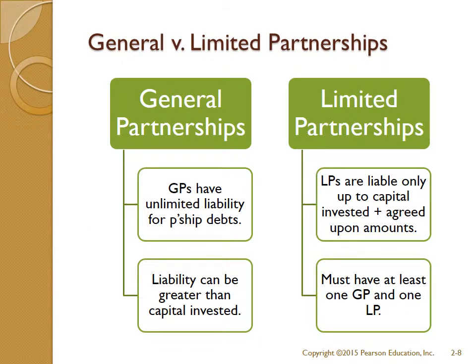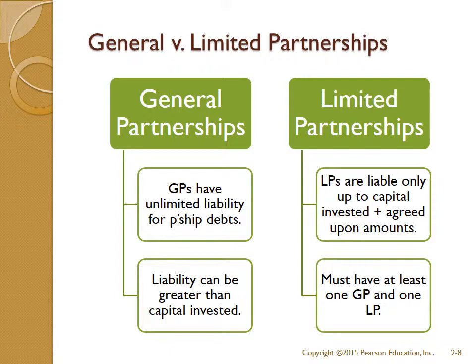Okay, so here we move into a slight distinction between general partnerships and limited partnerships. In general partnerships, one of the distinguishing characteristics is that each person within the partnership can have unlimited personal liability for all of the partnership debts.